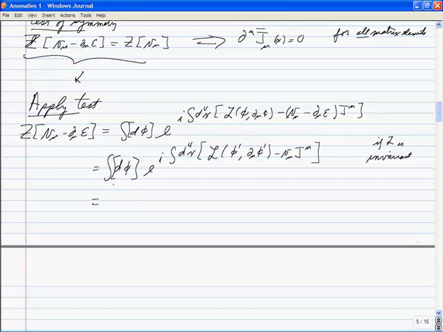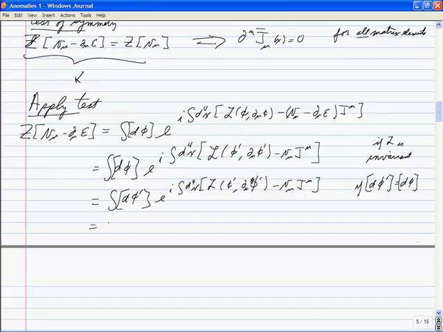And if we just do the normal change of variables, we're integrating over all phi, so that's the same as integrating over all phi prime, e to the I integral d4x L of phi prime, d mu phi prime, minus v mu j mu, if d phi prime equals d phi.